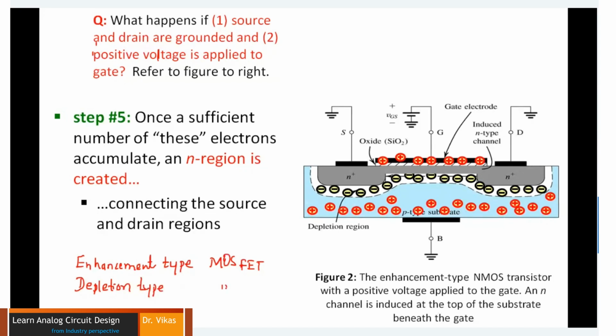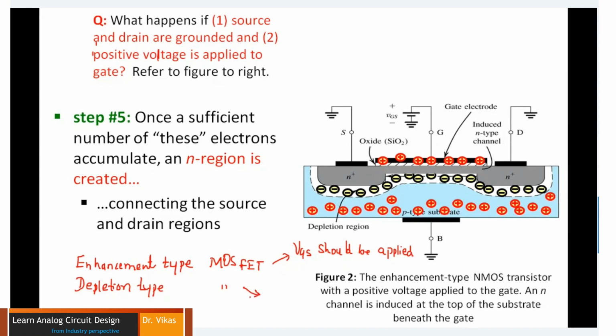The basic difference between enhancement and depletion is that an enhancement type MOSFET ensures the formation of the channel once you apply VGS. So here VGS should be applied, whereas for a depletion type MOSFET you do not apply any VGS.